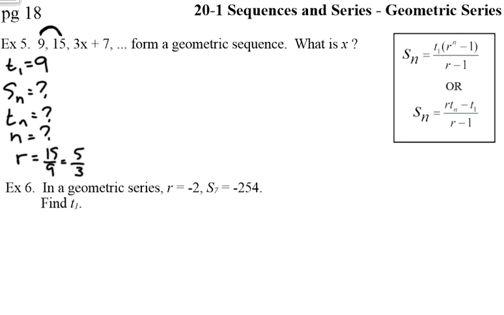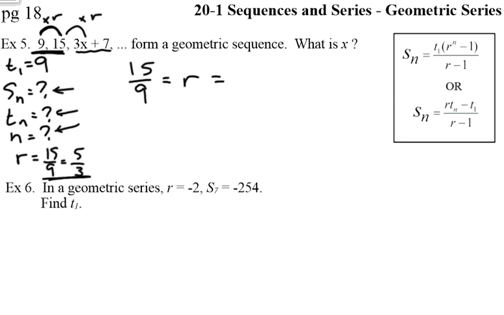Well, I have a lot of things that I don't know in this question. But if I know the R value, remember the R value here is going to be the same as the R value here. Well, how did we calculate R? We did 15 over 9. That equaled R. Well, what else will calculate R? Taking the third term and dividing it by the second term.